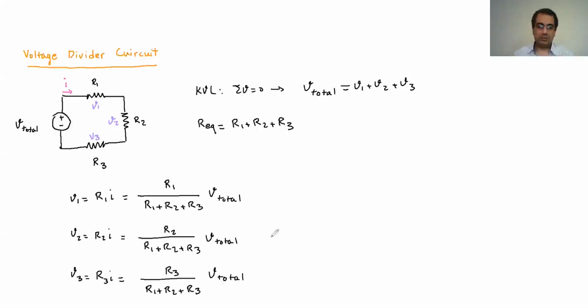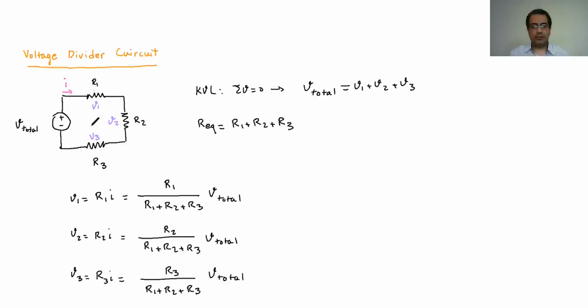The other method is to use these three equations and directly find V1, V2, or V3 without needing to find the I.